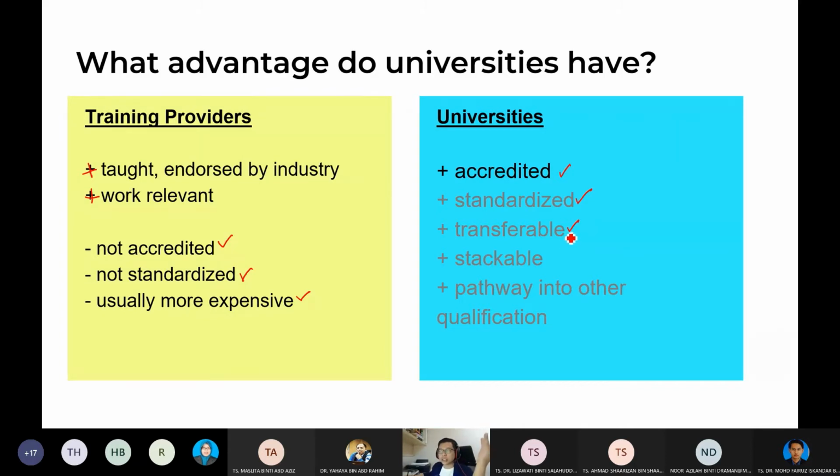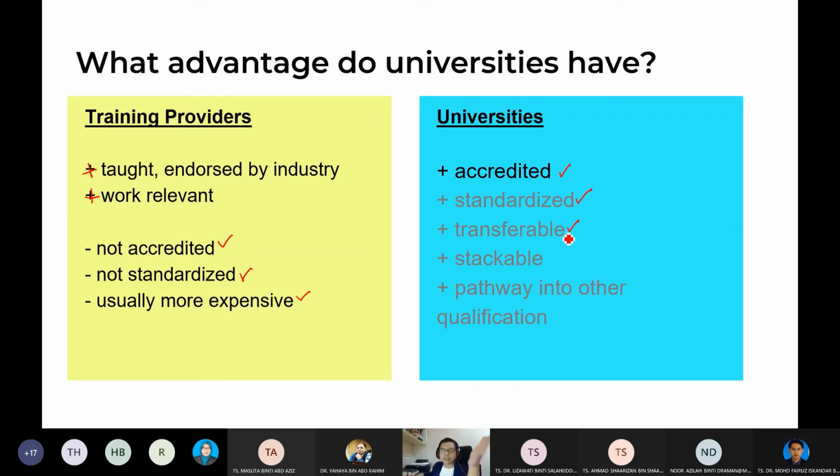So we need to think about how to make these digital badges, for example, or nano degrees or pre-use certificates transferable from university to university. We cannot think on our own anymore. If UPM just thinks about UPM, and other universities just think about themselves, and we each try to develop and champion our own, it's not going to work. We're going to lose out.